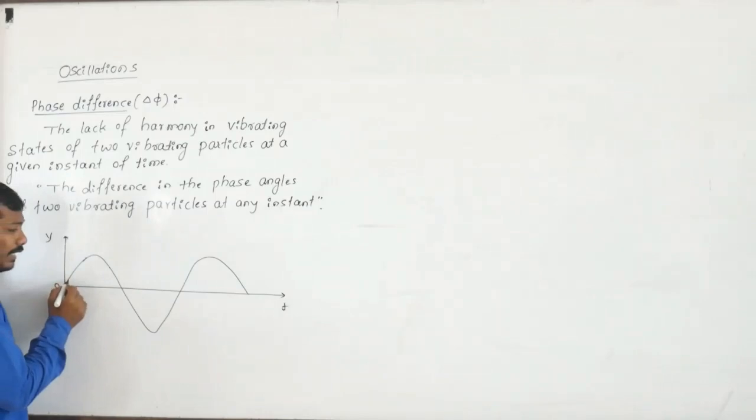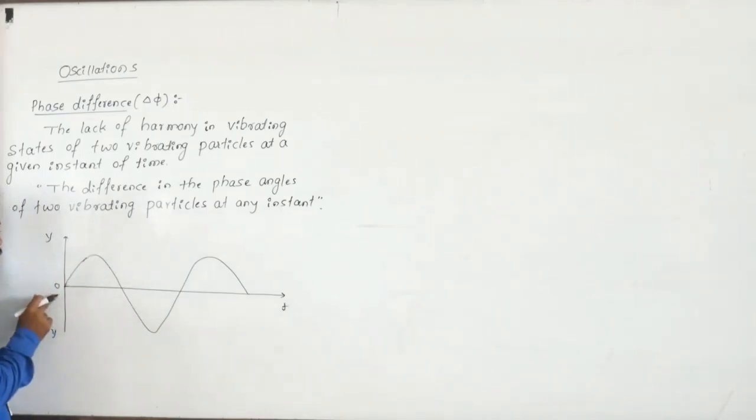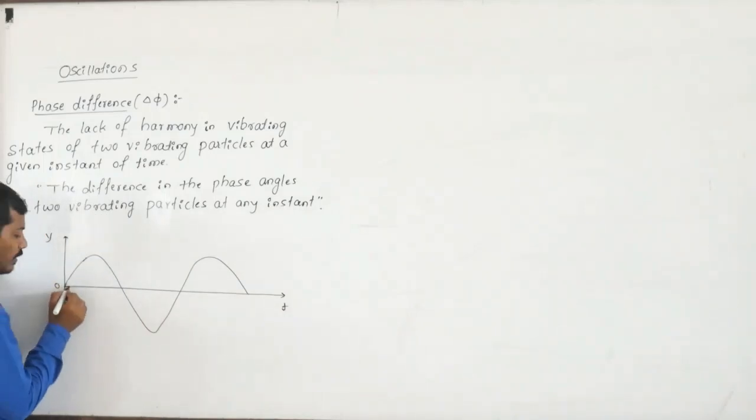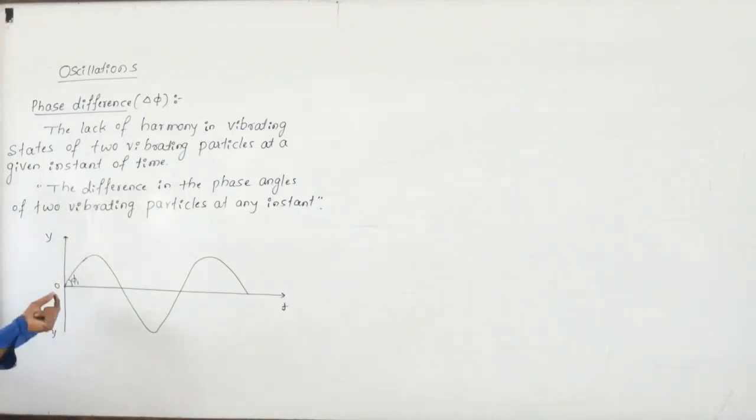Okay, one particle is moving from its mean position like this with some phase, I will call that phase phi 1. Its phase is phi 1.